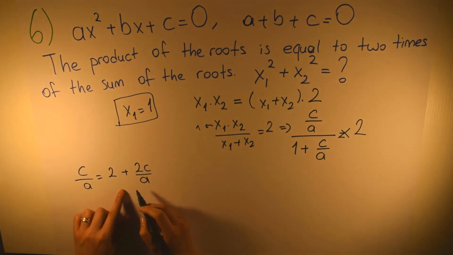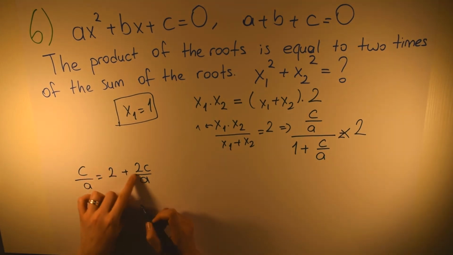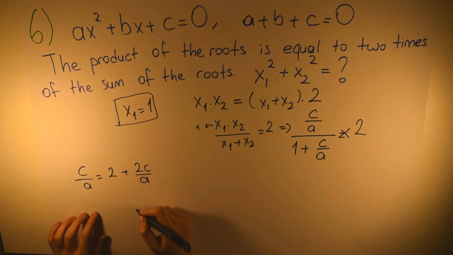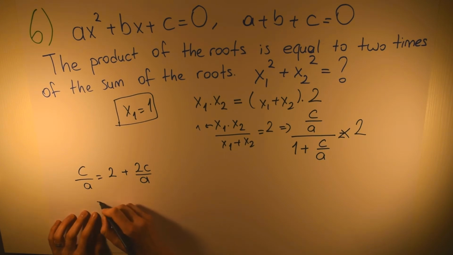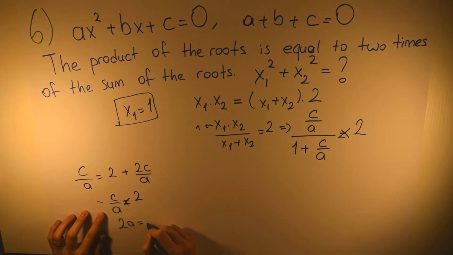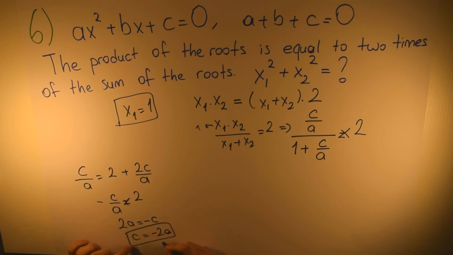So after that, what I do is put this value to the other side, and here I will have minus c over a is equal to 2. When I do cross multiplication from here, 2a is equal to minus c, which is c is equal to minus 2a. It's the same thing, right? So I found c as minus 2a.